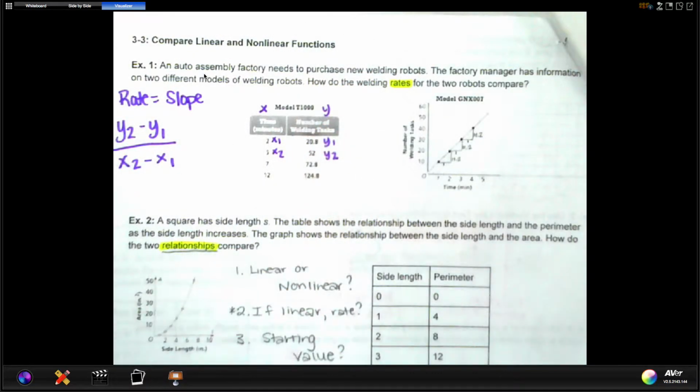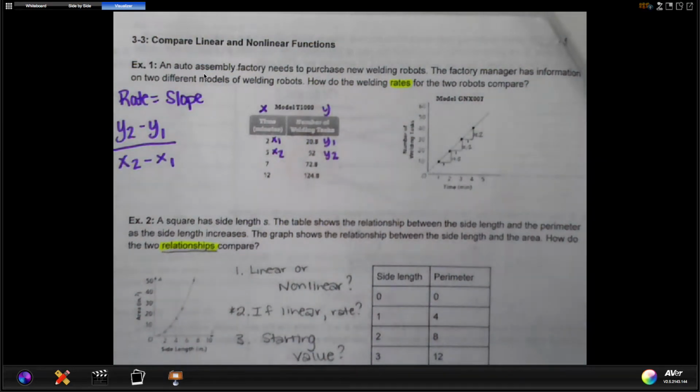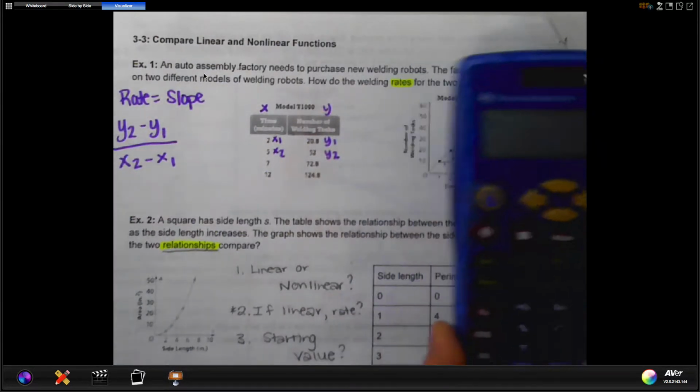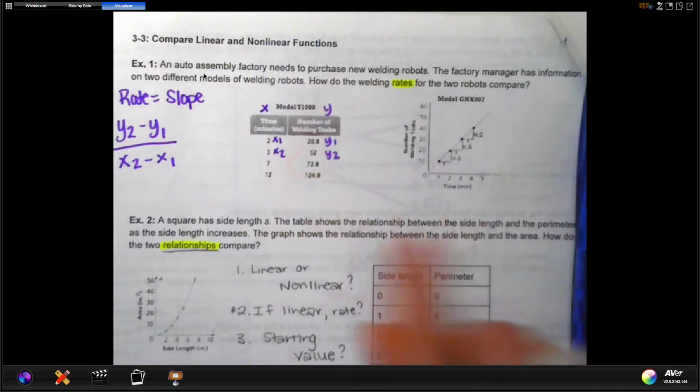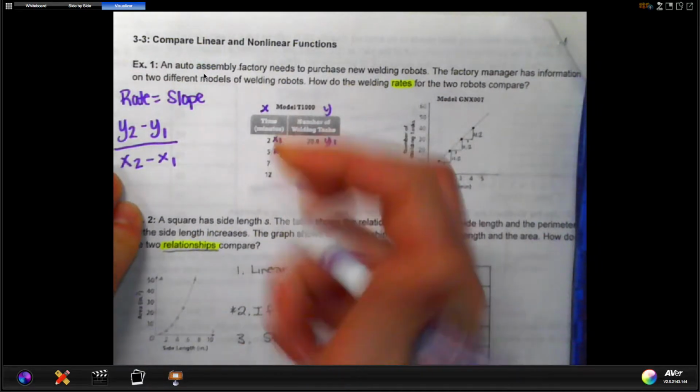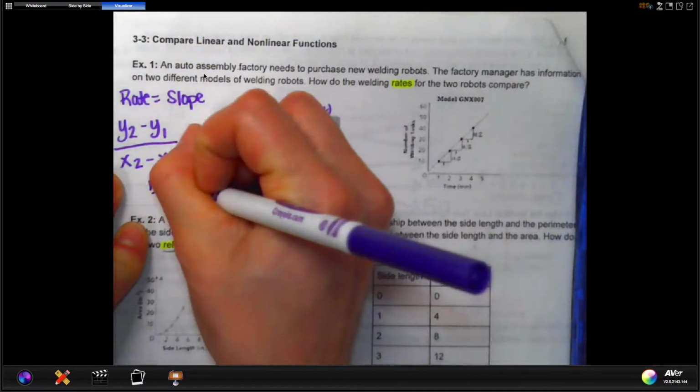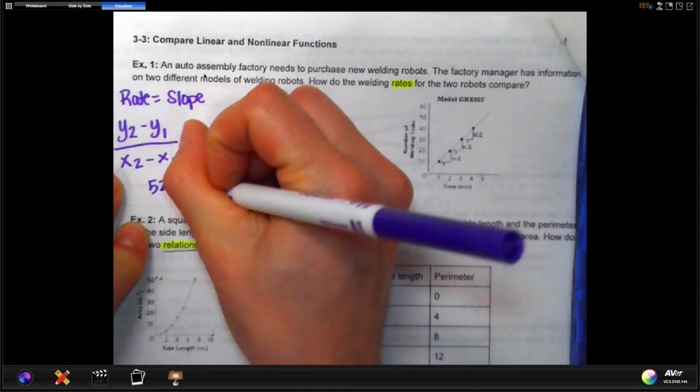And so you might need a calculator for this, and I'm going to get one out to show you the buttons to push as well. If you are at home, you can use your Chromebook or you can use your phone and use that calculator. There's no graphing or anything you need here. So in this case, our y2 is going to be 52 minus our y1 is 20.8.